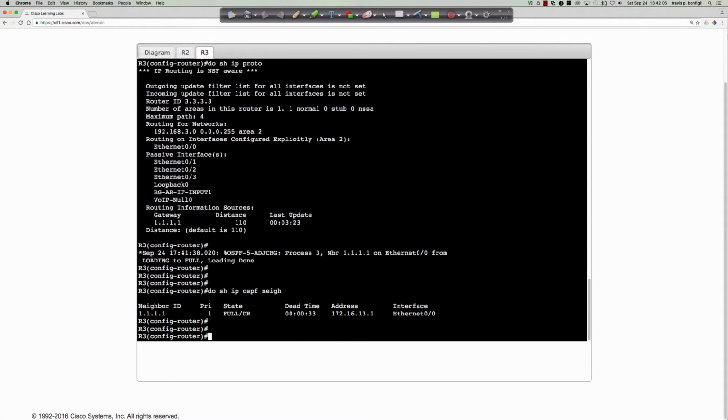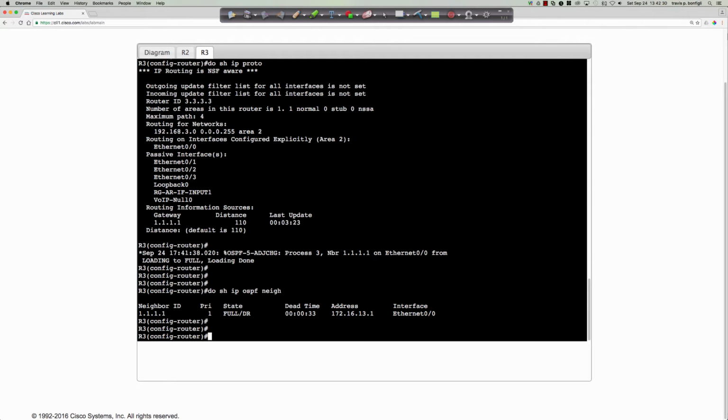So we do have our neighbors. Again, remember, neighbor ID, that 1.1.1.1, that is the router ID of the neighbor, the priority value. So this shows us with a priority value of 1, that is the default on OSPF network types, where we're going to have a DR BDR election.